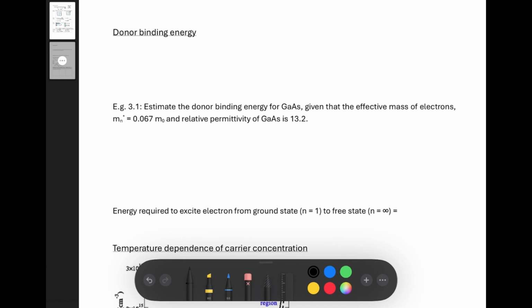So now let's look at the donor binding energy of a semiconductor or N-type semiconductor. And the donor binding energy, as we have said earlier, is En, and it's given in the formula sheet that En is equal to this. The derivation of this equation is not necessary, but this is the reduced Planck constant.